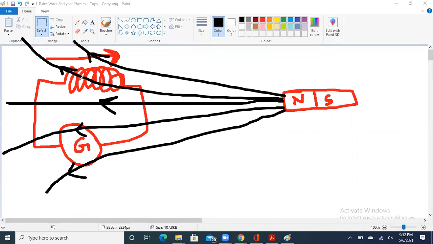now the other case is that you don't move the coil, but you move the magnet. So if we are going to move the magnet, then what will happen?